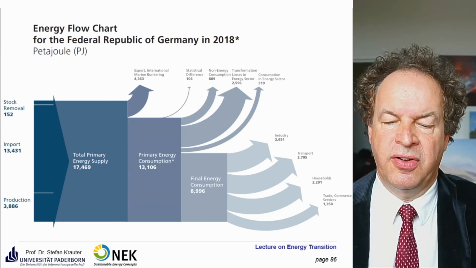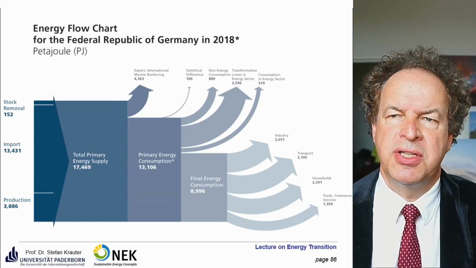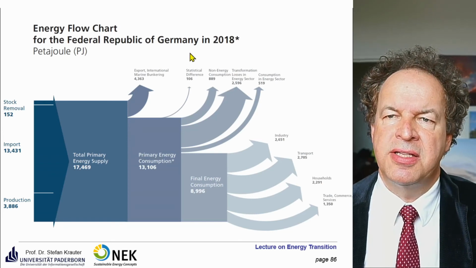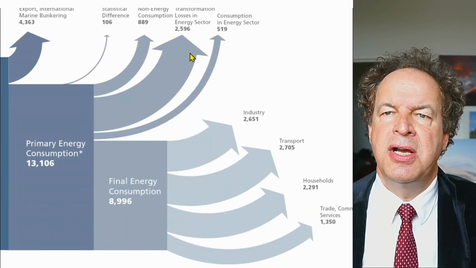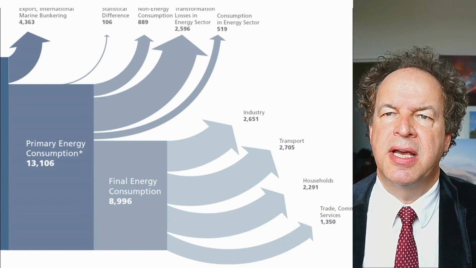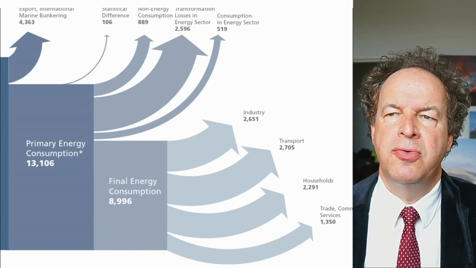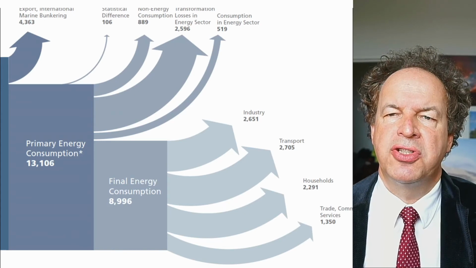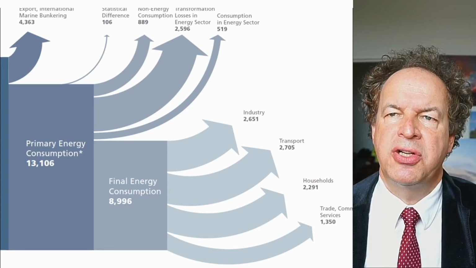And then we have some part which goes into export. Maybe we can amplify this a little bit. Yes, here you see it better. So some of the primary energy is exported or goes into marine bunkering. And so we have as leftover the so-called primary energy consumption of 13,106 petajoule.